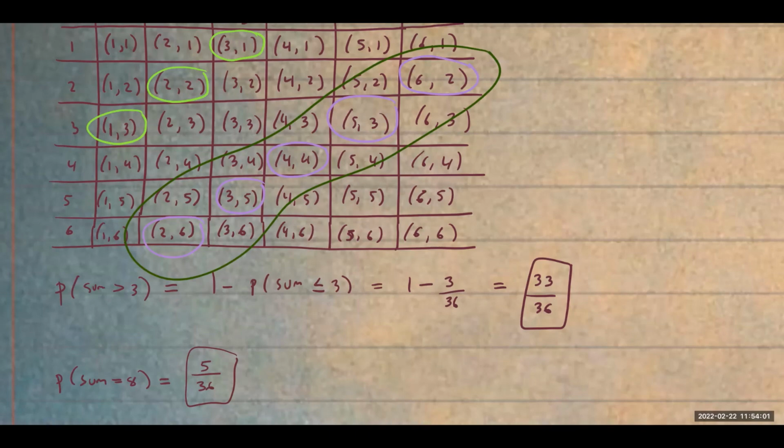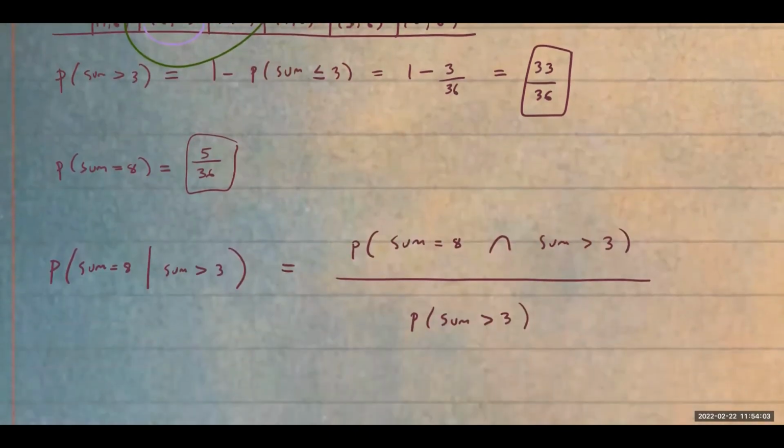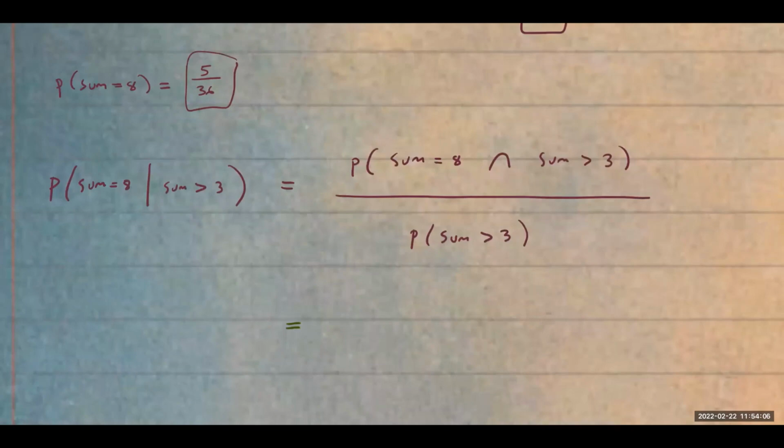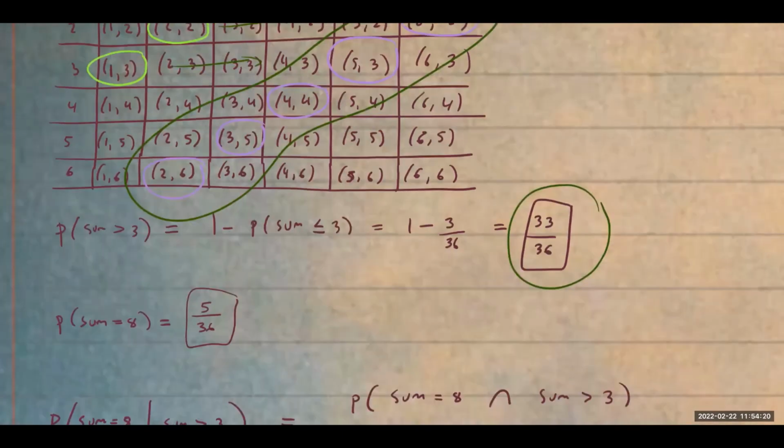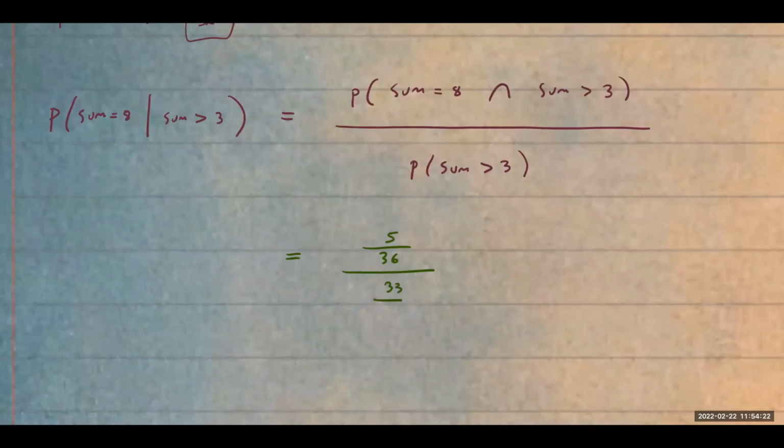So that's only 5 out of the 36 outcomes. What's the probability the sum is greater than 3? Well, we know that's all of these below, and we counted that to be 33 out of 36. That's the denominator. And this will simplify to 5 out of 33.